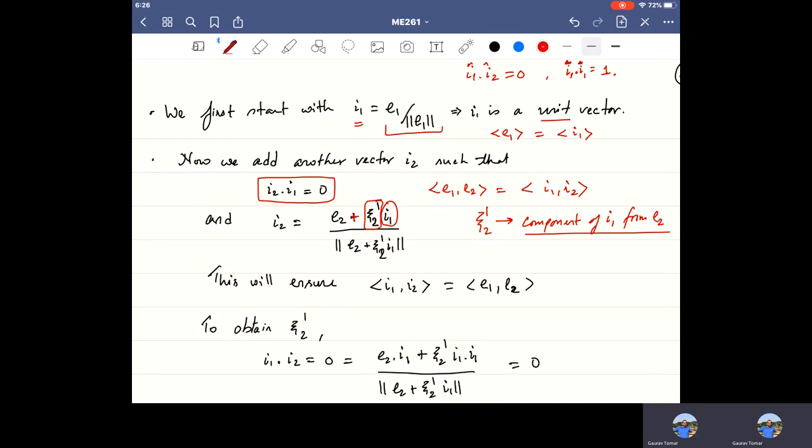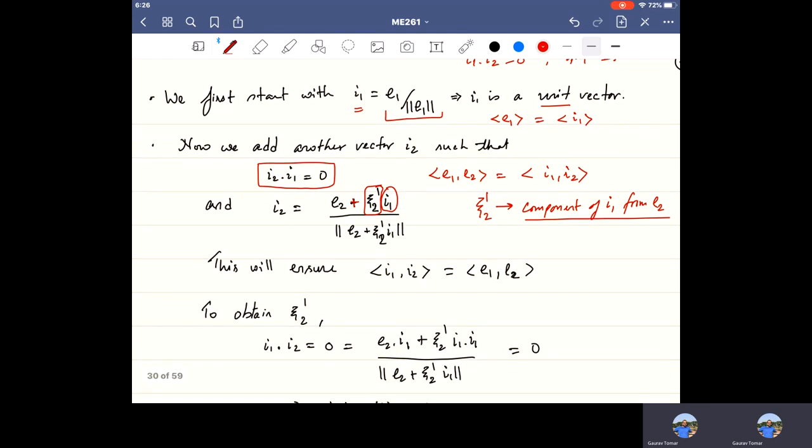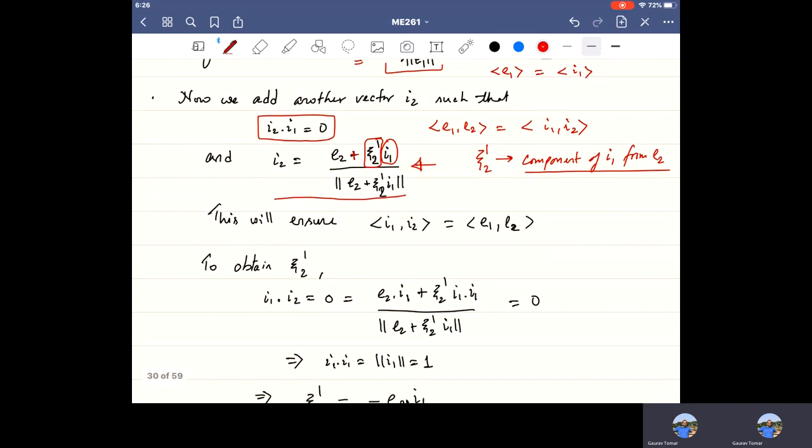So we impose this condition of orthogonality on this definition. We take I1 dot I2 in this equation and set it to 0. The left hand side has become 0, and the right hand side looks like this.